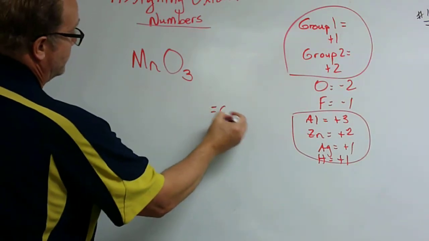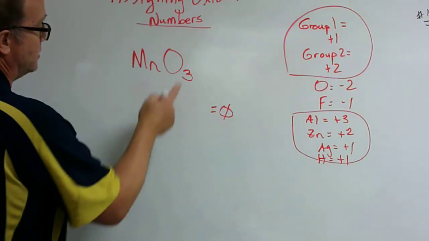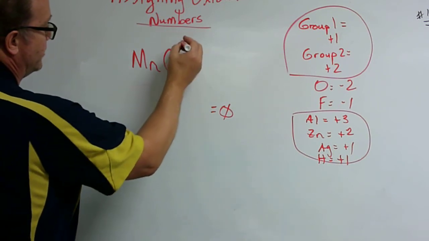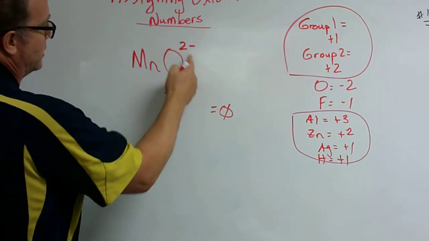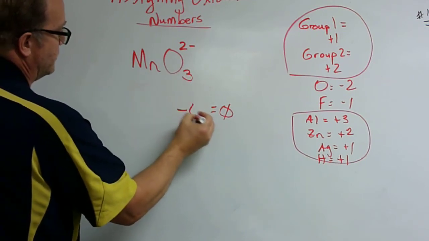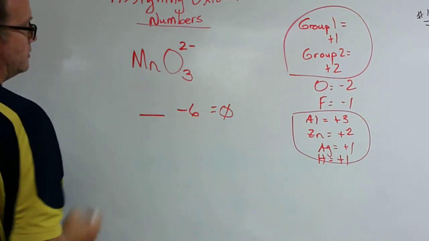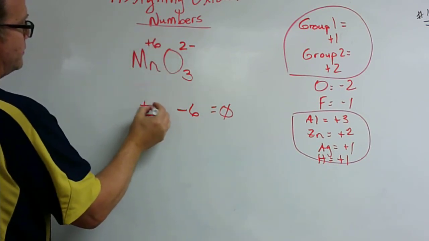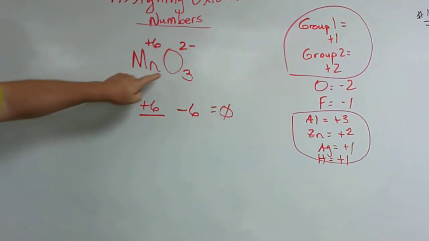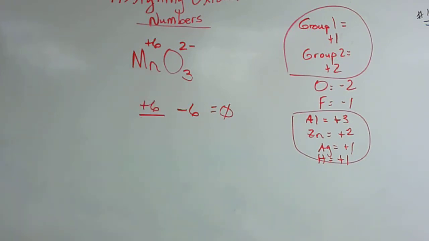We know this is going to be equal to 0. We know that the charge of each oxygen is a negative 2. Negative 2 times 3 is a negative 6. What's going to make this all correct? A positive 6. And I only have one of these, so that's going to be my charge.